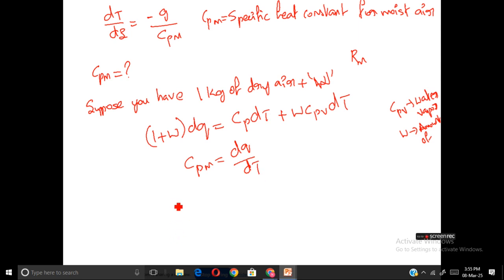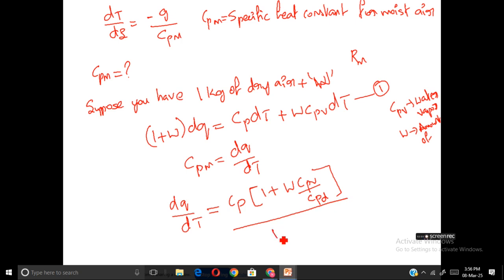So we can write dQ by dT is equal to Cp into... If we divide this whole equation by dT, it becomes dQ by dT is equal to Cpd into (1 plus W into Cpv by Cpd) divided by (1 plus W).